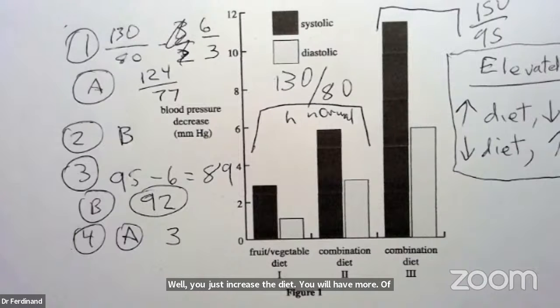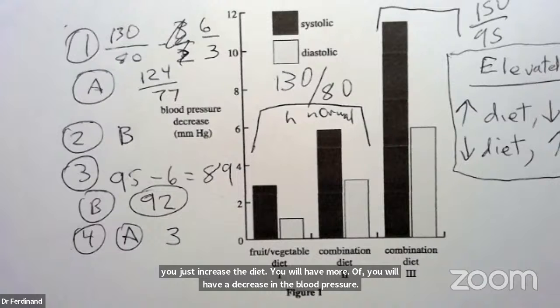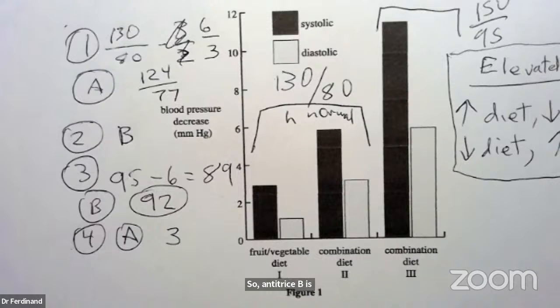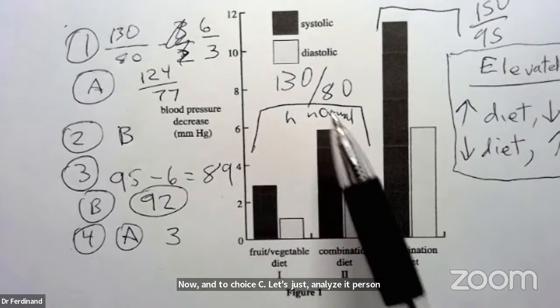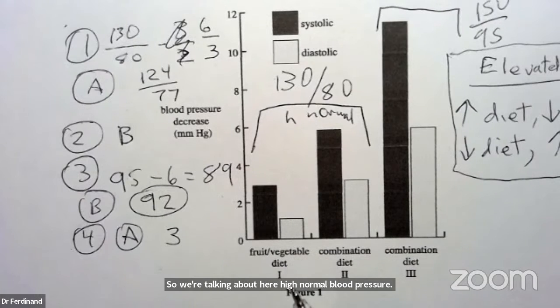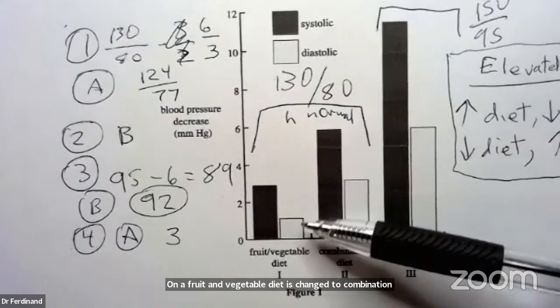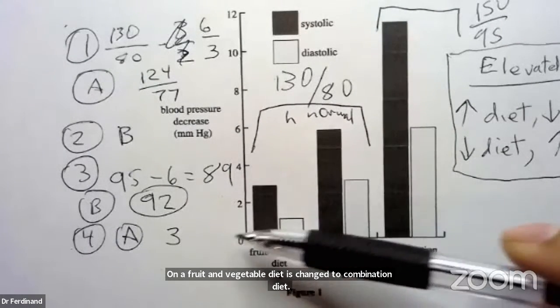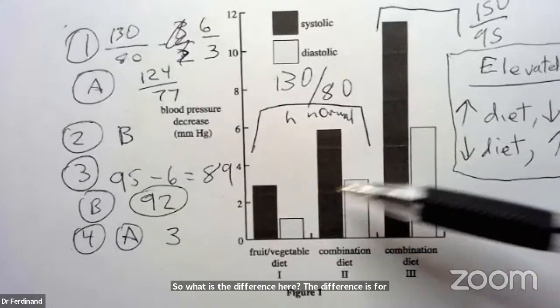So answer choice B is relating to a decrease in the blood pressure, and that's by our rule. Now, answer choice C, let's just analyze it. Person with high normal blood pressure on a fruit and vegetable diet is changed to a combination diet. So what is the difference here? The difference is for diastolic, we have 1 going to 3.